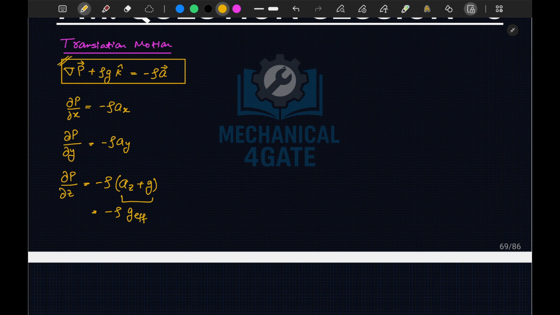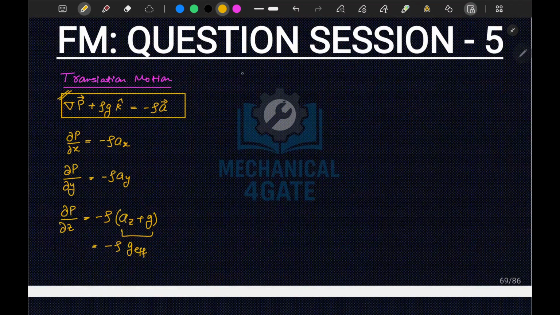Now we have seen various cases. For fluid at rest, only this equation is valid, that is ax, ay and az are 0. For fluid in free fall, az is equal to minus g. So in free fall, the gradient of pressure is equal to 0.